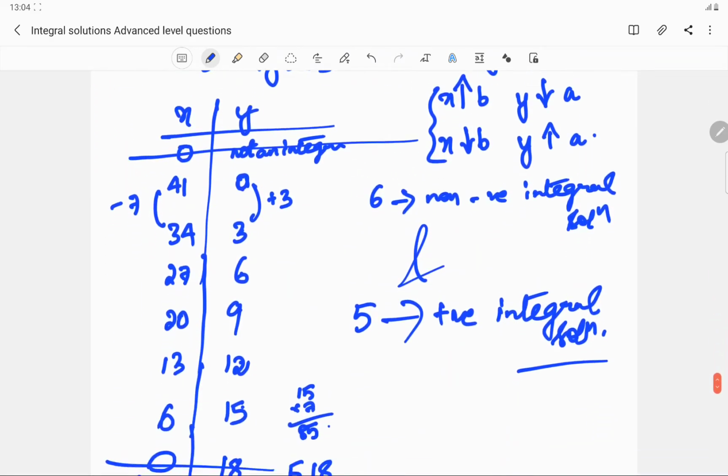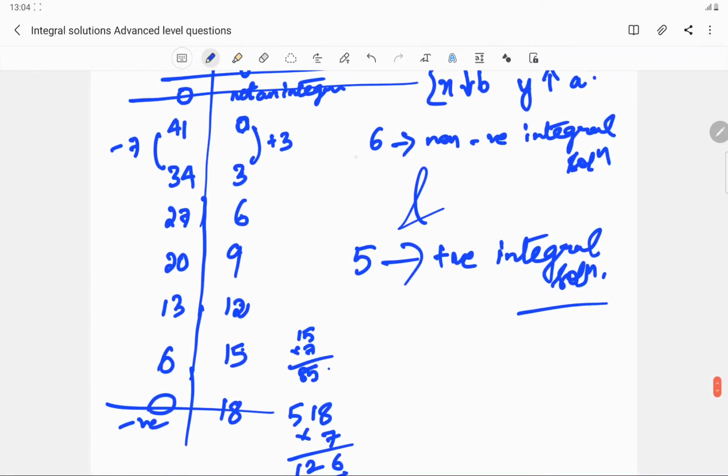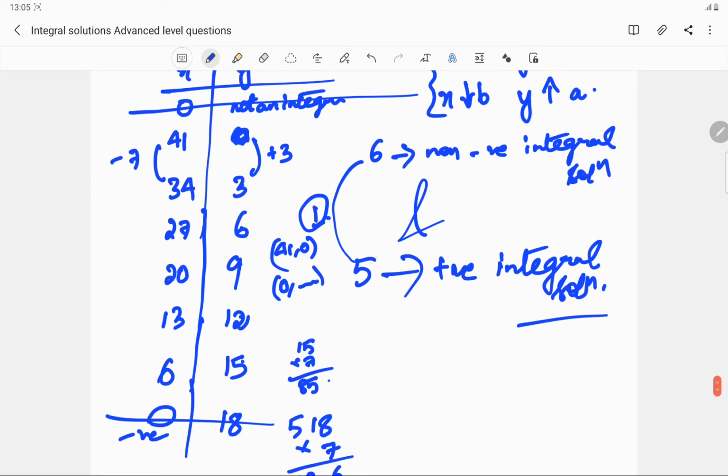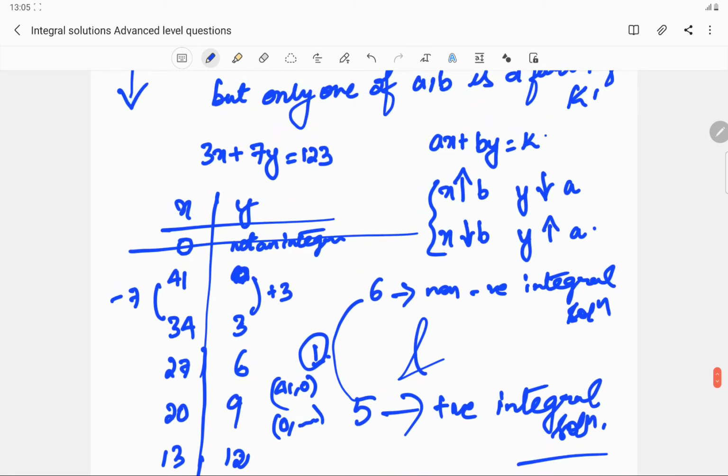But here the gap between these two is only 1, because only one value is there in which the variable x or y can take 0, that is 41 comma 0. Why is there no other value with 0 comma something? Because if x is 0, 7y equal to 123, you are not going to get an integer here.